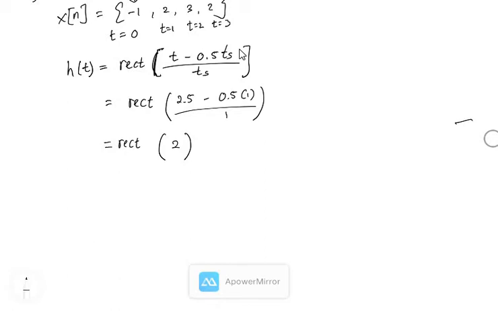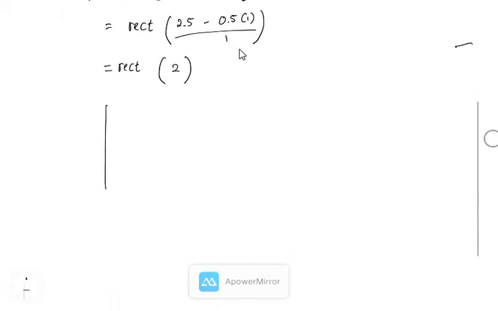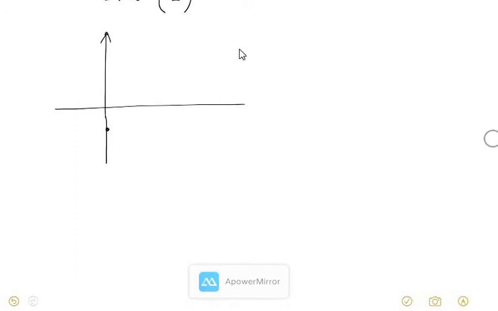So if we draw the signal of xn, you will have -1, and then the value of 2, then the value of 3, and then you have the value of 2.